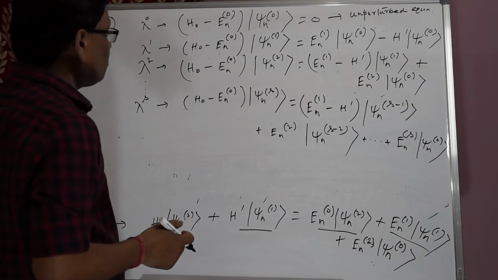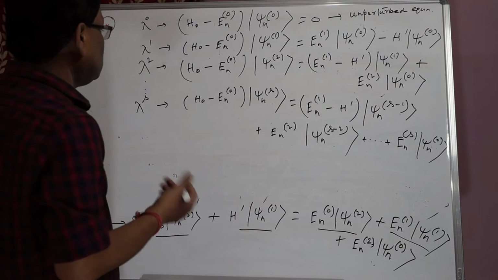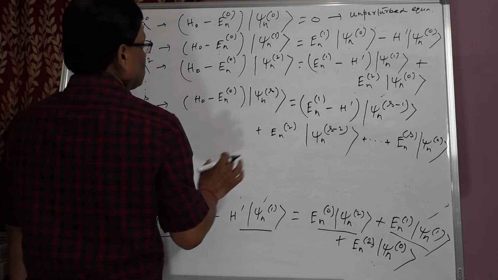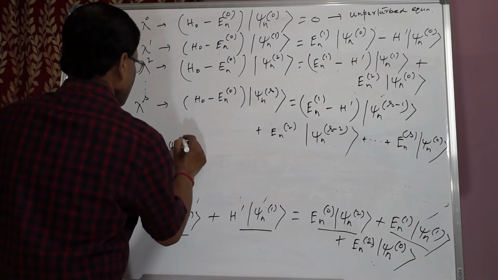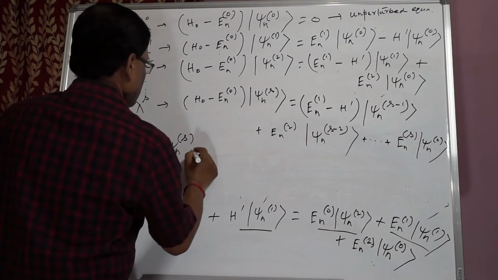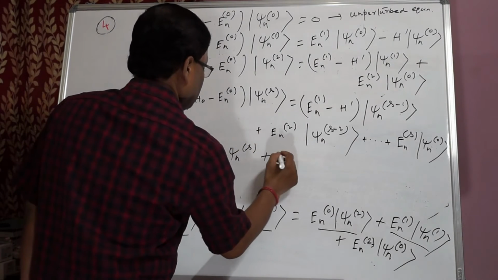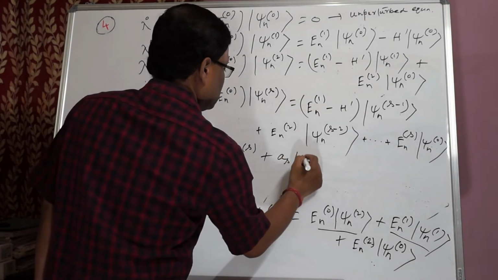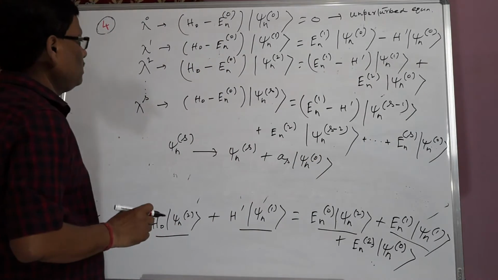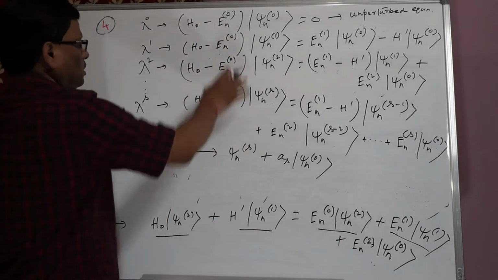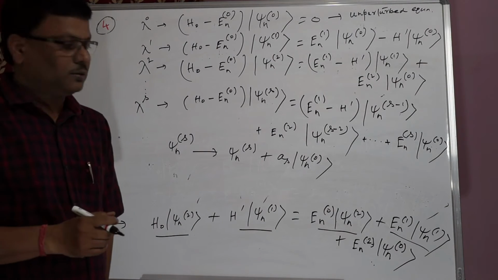So there is an interesting property in these equations. We will see that if we substitute, say here, psi ns by psi ns plus a psi n0, the left hand side of all these equations remains unchanged.